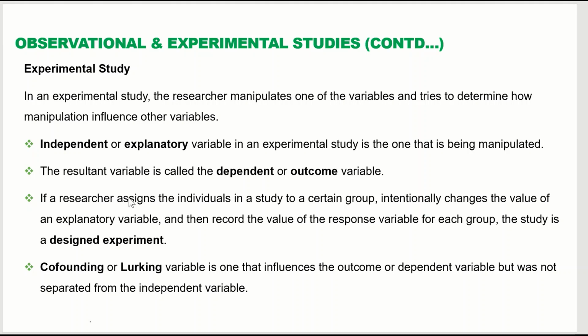Now, if a researcher assigns individuals in a study to certain groups, intentionally changes the value of the explanatory variable, and then records the value of the response variable for each group, the study is a designed experiment. So if a researcher is manipulating the x variable and then recording the y variable, or manipulating the explanatory variable and recording the outcome or response variable, then that type of study is called a designed experiment, because this is not an observation.